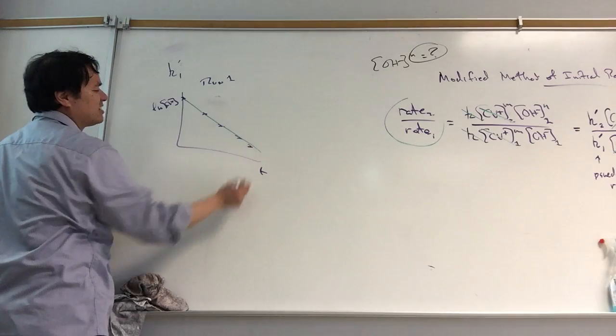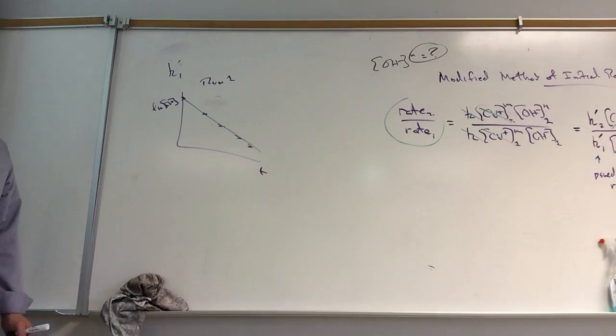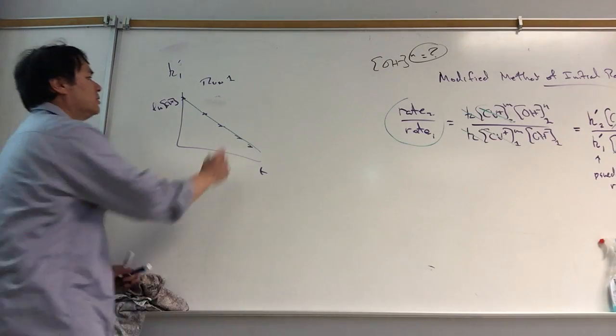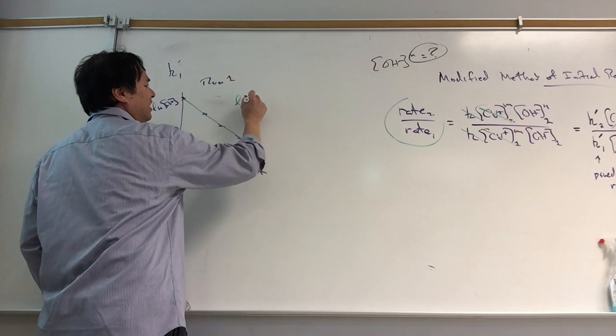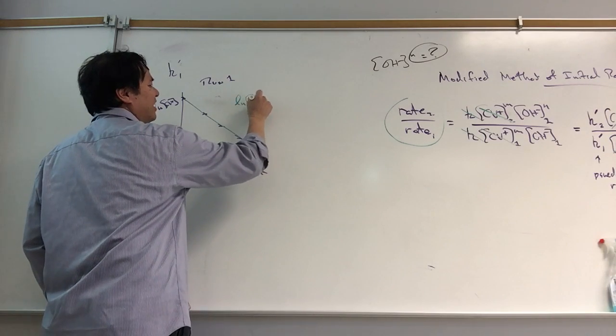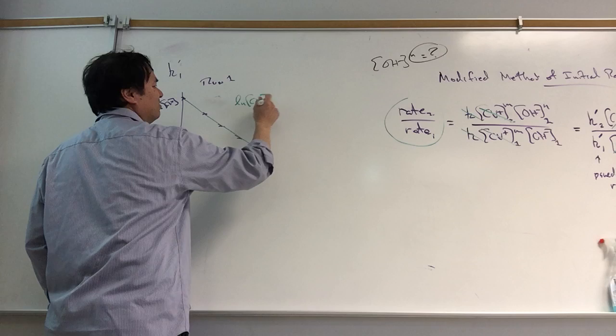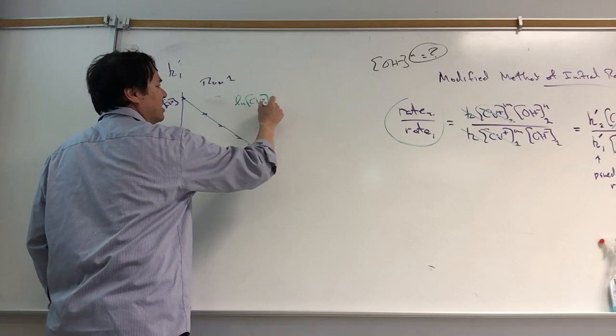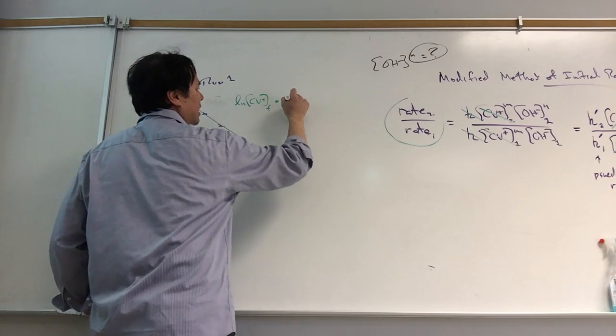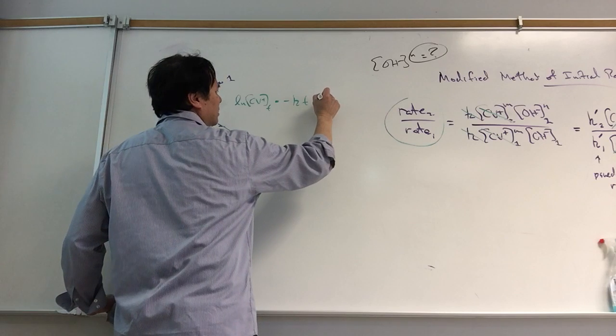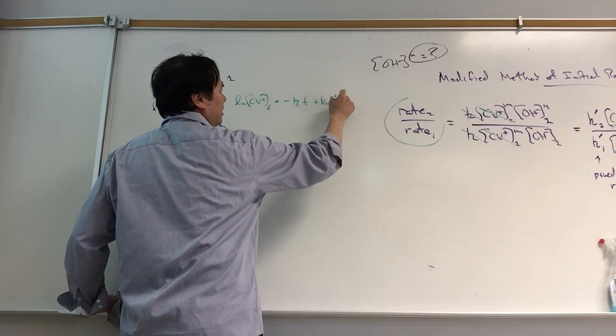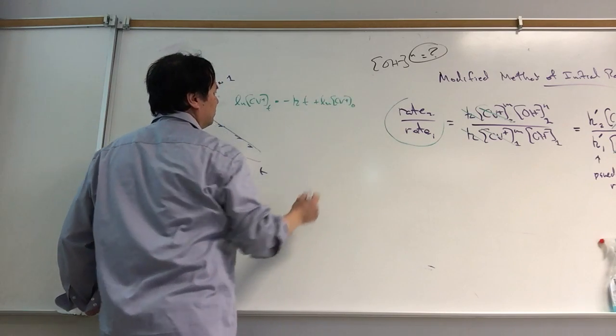All right, we ran this at a very high hydroxide concentration. And so the equation for this line is that the ln of the crystal violet concentration at time t is equal to minus kt plus ln of the crystal violet concentration at time 0.